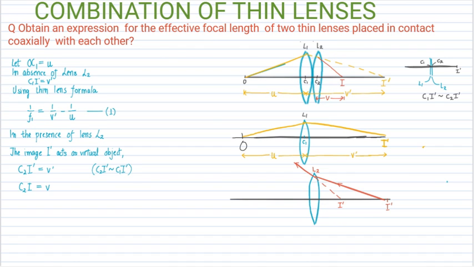Then again using the thin lens formula, I can write 1 by focal length f2 equals 1 by the image distance v, minus 1 by the object distance v dash.